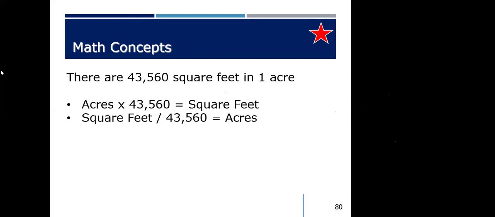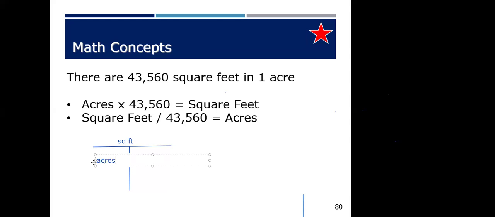But if we tweak the T-bar just a bit, instead of on the bottom right using a rate or percent, this time with our adjustment, we're going to use the bottom right for our 43,560. The number that goes on top is square foot. And then the number that goes on bottom is our acres.